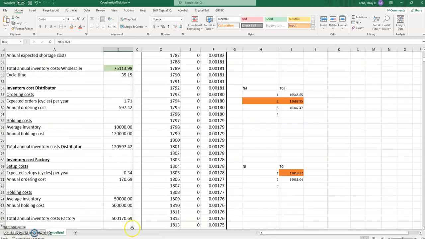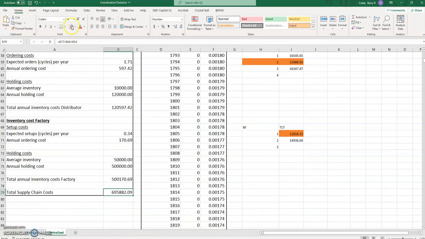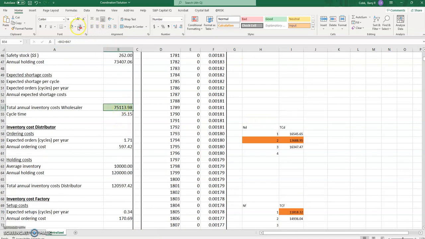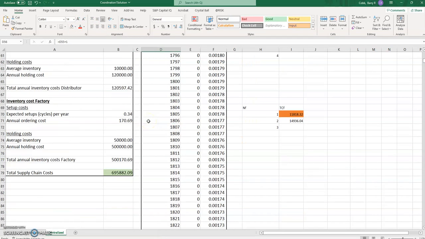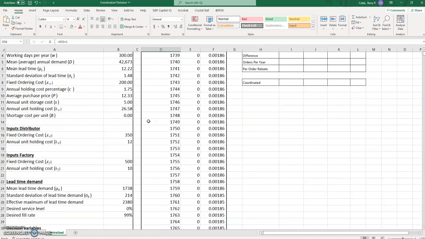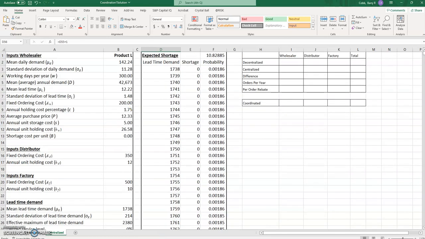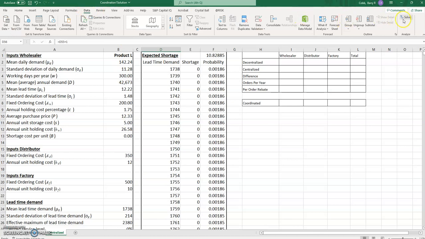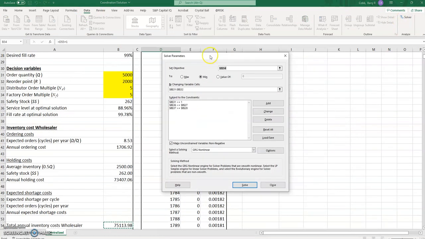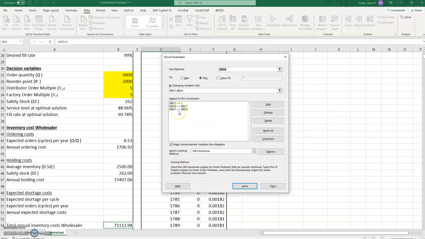And I'll highlight the total supply chain cost at the bottom, say in green, because that's going to be the new objective. And now we would just need to open Solver.